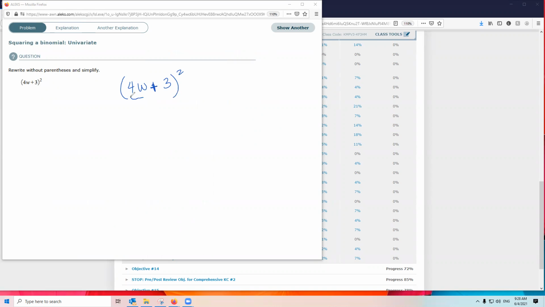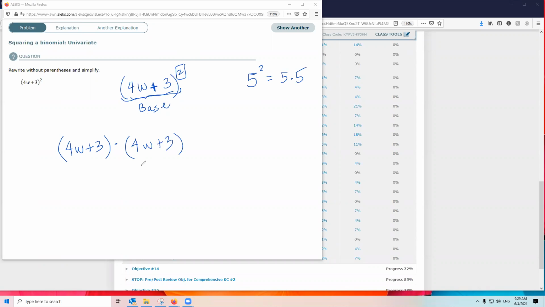Really the base here is this parenthesis 4w plus 3, and that base is being raised to the exponent 2. Well, you know what an exponent 2 means. If I had 5 to the 2, it means take the base times itself 2 times. Well, I'm going to do that. That really means take 4w plus 3 and multiply it times itself 2 times.